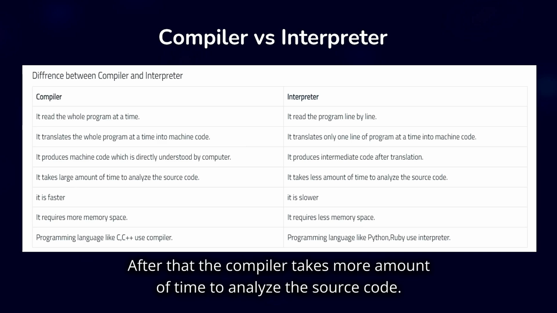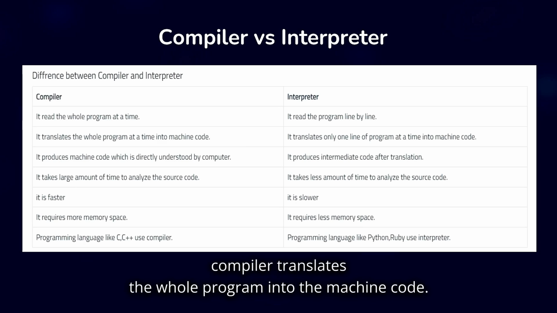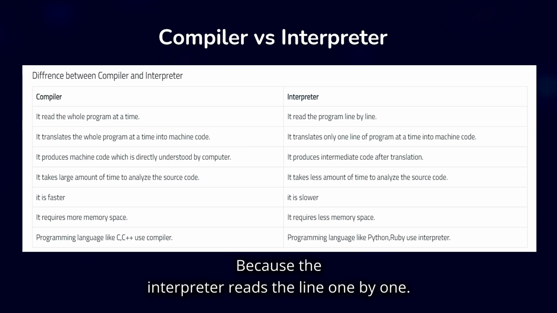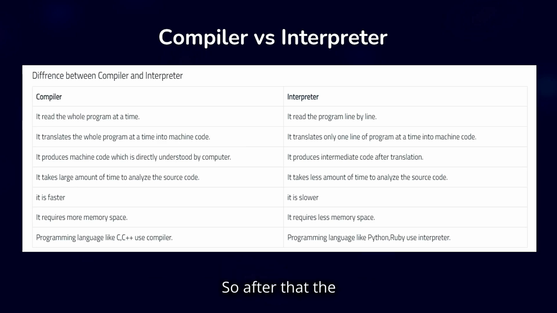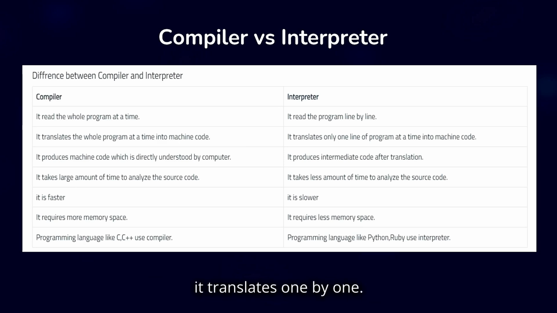After that, the compiler takes more time to analyze the source code, because the compiler translates the whole program into machine code. But the interpreter takes less time, because the interpreter reads the lines one by one. After that, the compiler is faster and the interpreter is slower, because one translates the whole program while the other translates line by line.